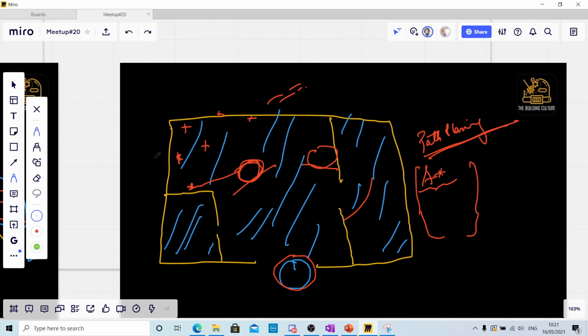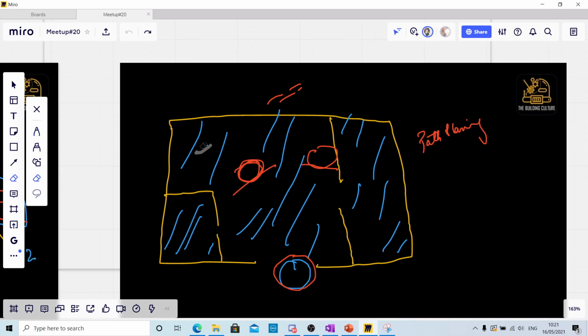So let me draw a bit more clearly. Right, so on this portion, this is let's say one goal, and we have a robot here.